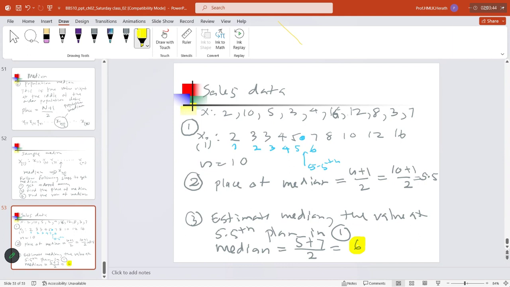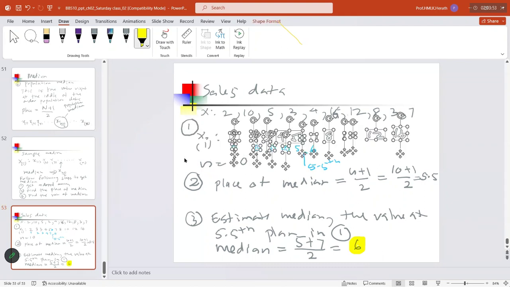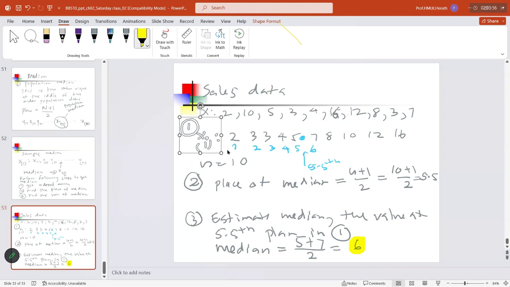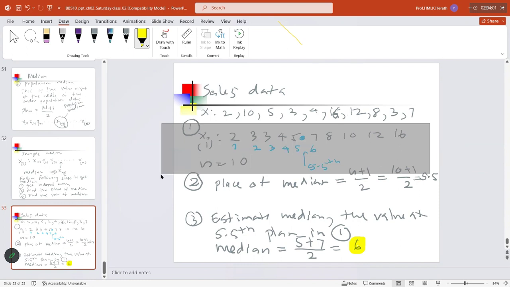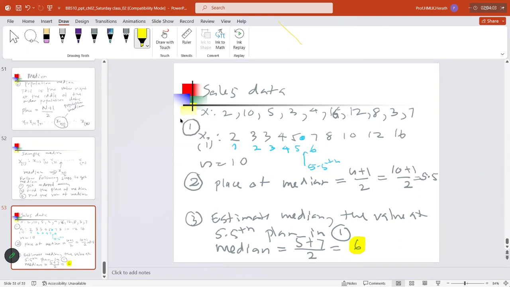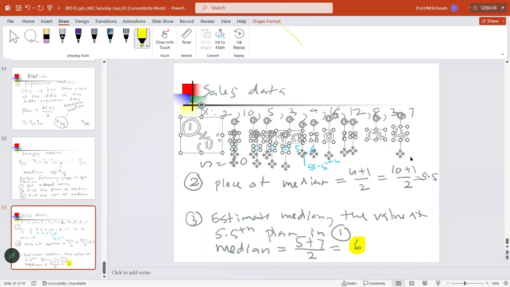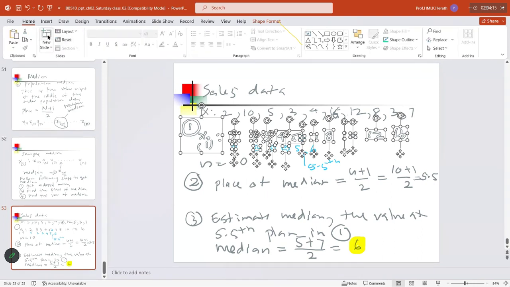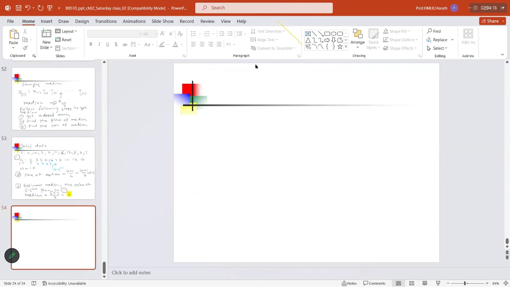The next one is the mode. So now we will talk about the mode.